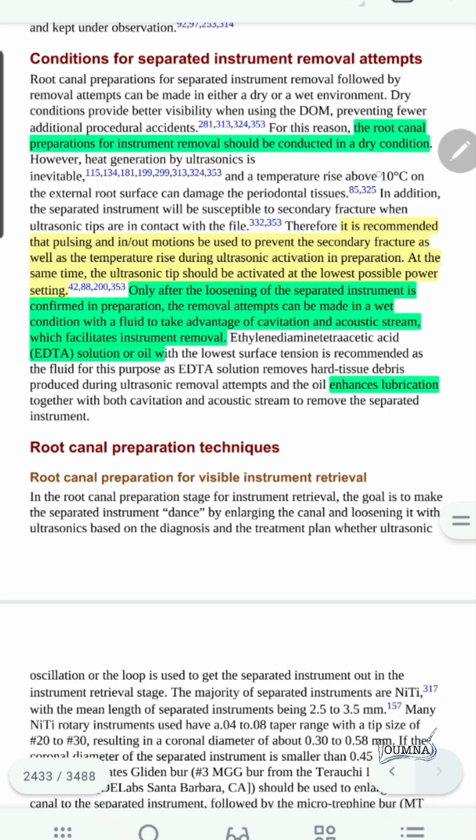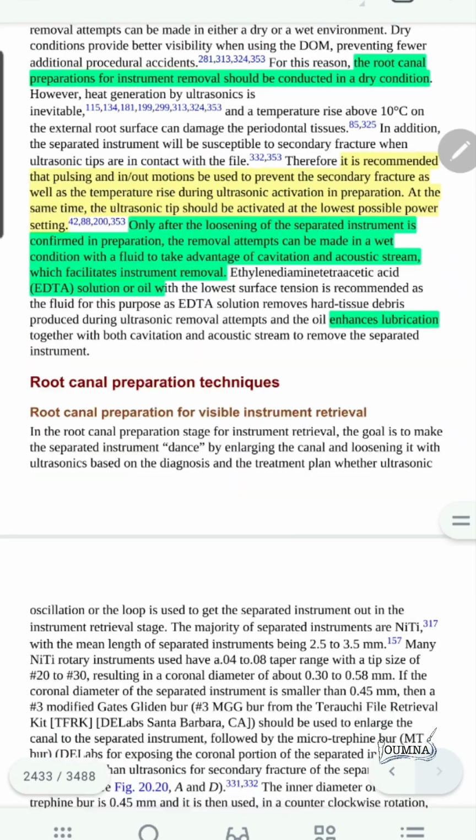After we have an unscrewing motion and the file starts to move, now we can do the removal in a wet condition by using EDTA as a lubricant, and use copious amounts of hypochlorite to get advantage of the cavitation when we apply acoustic power to it.